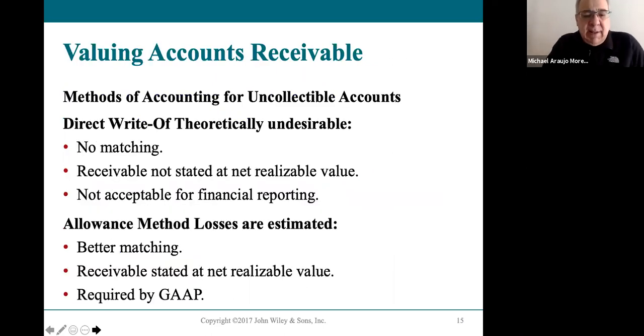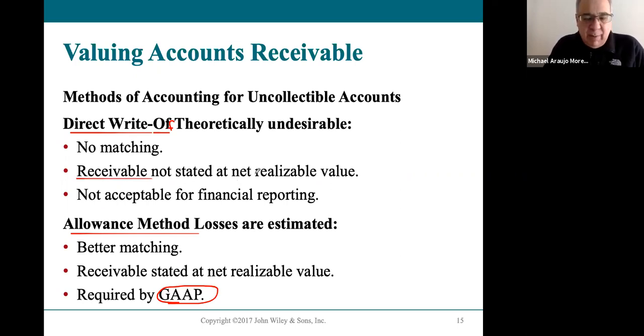First thing is GAAP requires us to use what we call an allowance method. Like I said, smaller companies can simply directly write off accounts once they have recognized the receivable that's not going to be received.